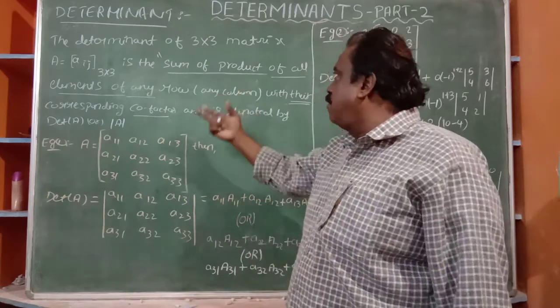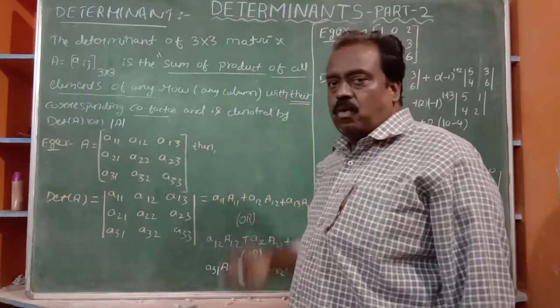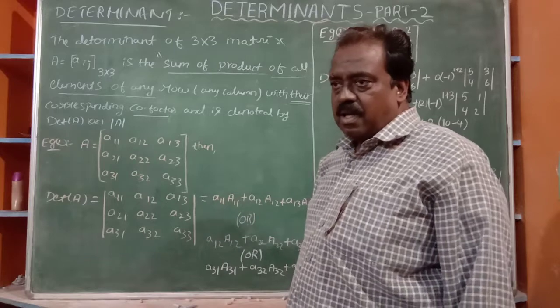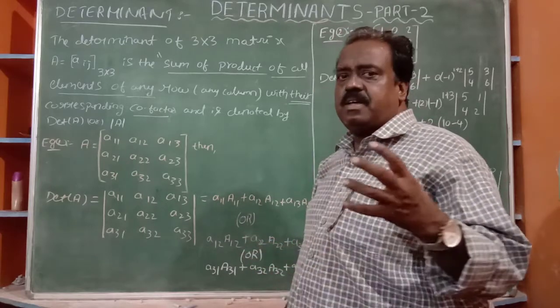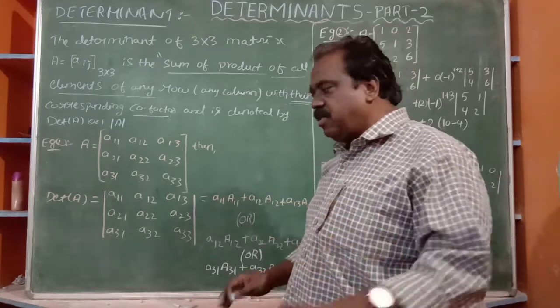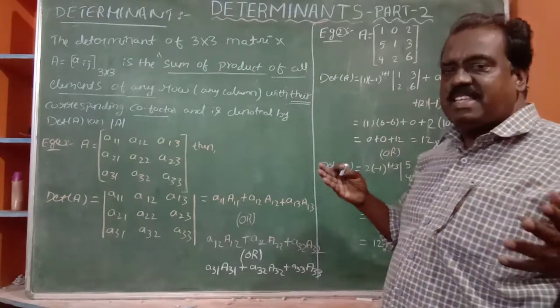That sum of product of elements with their corresponding cofactors will give the determinant. By observing this one, we may feel it is clumsy, but it's very simple. When we solve one example, it can be easily understood.